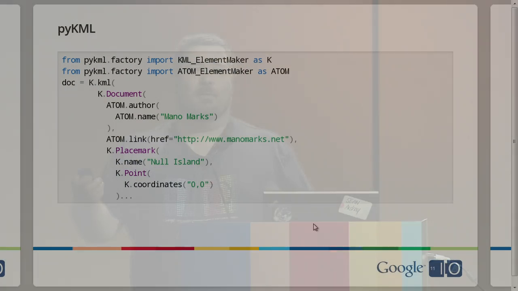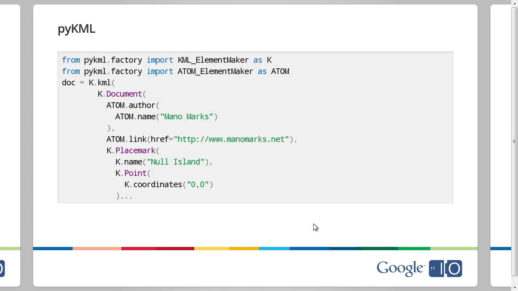Okay. And just to give a quick call out to PyKML, you may be familiar with libKML, which was actually produced by Google engineers and is used in some production environments within Google. PyKML is a bit lighter weight. It supports primarily the core elements of KML, and it's written in Python, so it's got a very Pythonic interface.